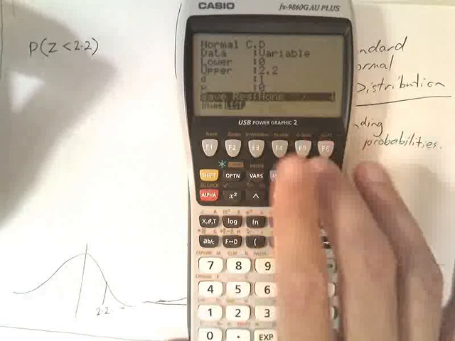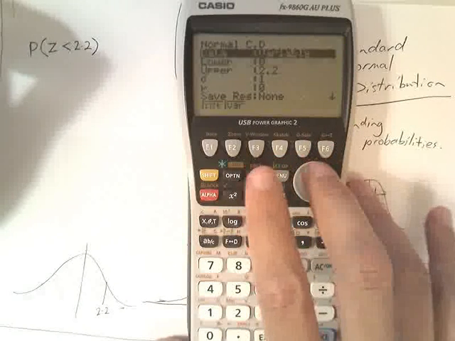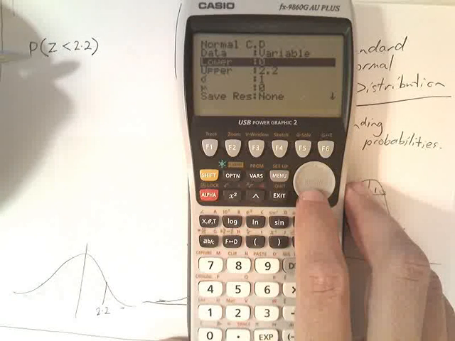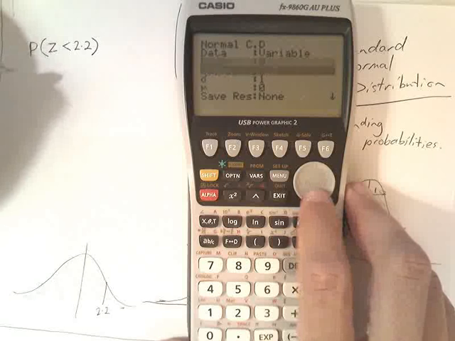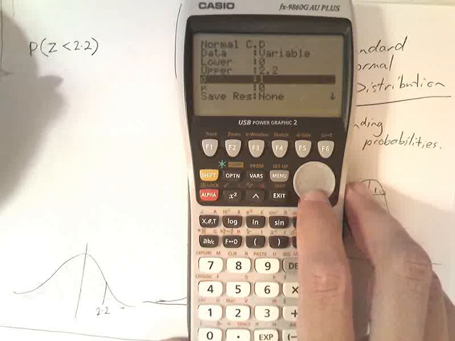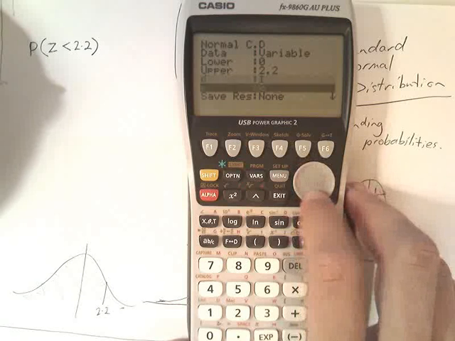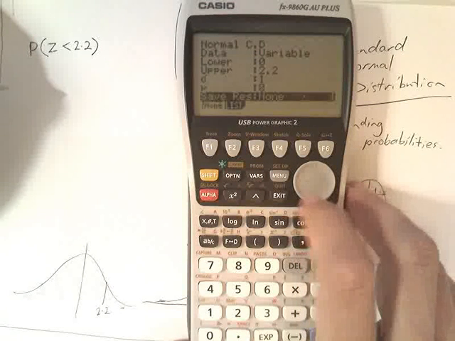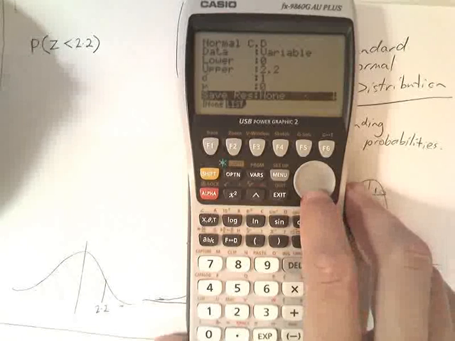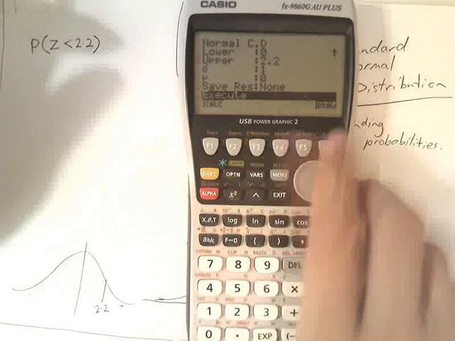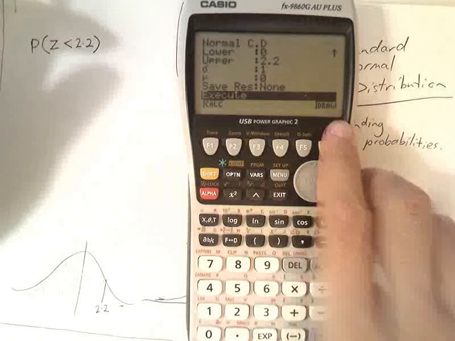Normal distributions have a standard deviation of 1 and a mean of 0. So, just looking over that, we're using a cumulative distribution under the normal curve, with a lower value of 0, an upper value of 2.2, a standard deviation of 1 and a mean of 0. Whenever you're dealing with standard normals, you'll always have 1 and 0 here. I'll go down a bit further to execute, and this little draw button here. I'm going to draw it.